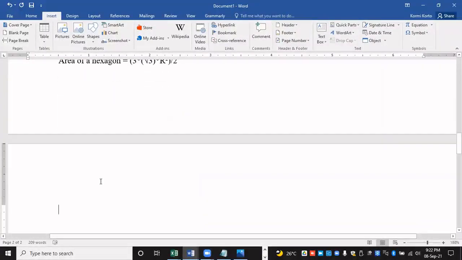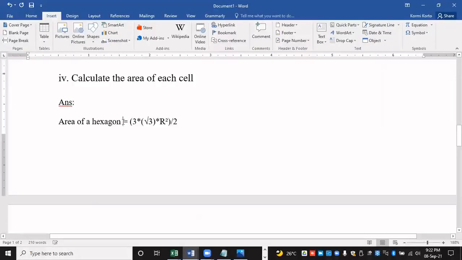The question is the area of a single hexagon.